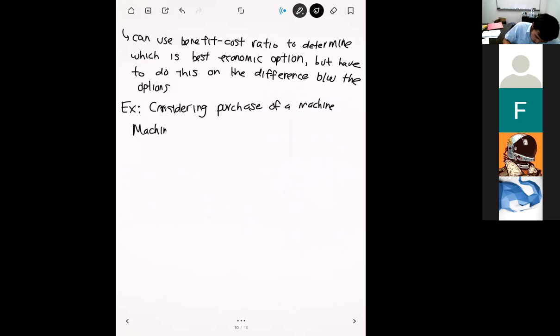Let's list out the specs for option A. Option A has an initial cost of $10,000, and the revenue from option A is going to be $3,000 per year, taking place every year.